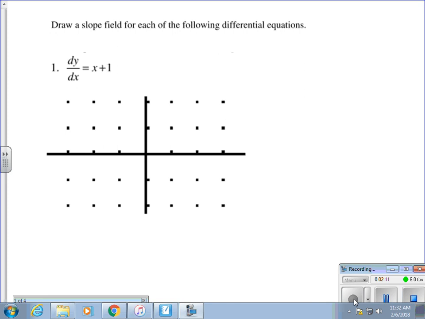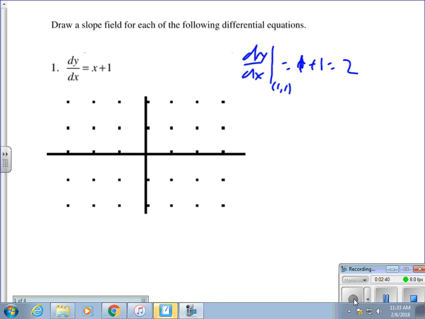So for example, what is dy/dx at the coordinate (1, 1)? So I want to evaluate the differential equation at (1, 1). Well, that's actually pretty easy. It's 1 plus 1, which is 2.